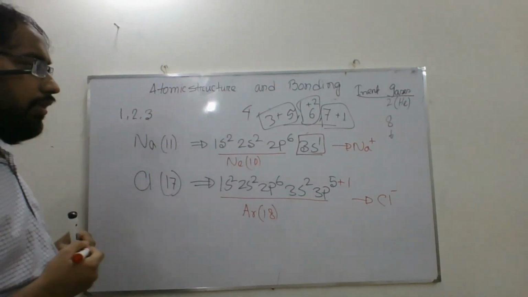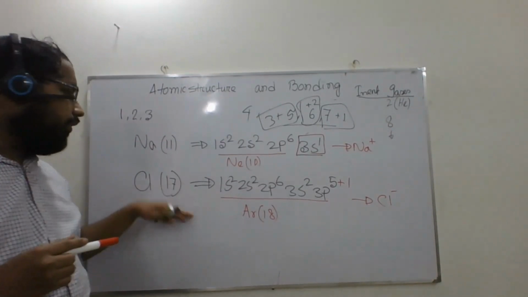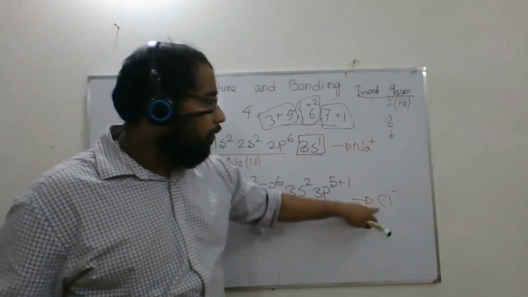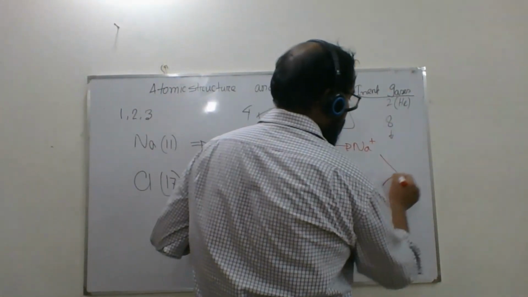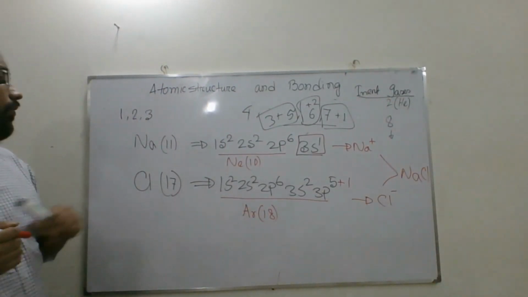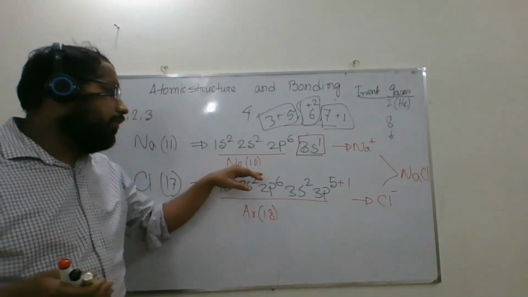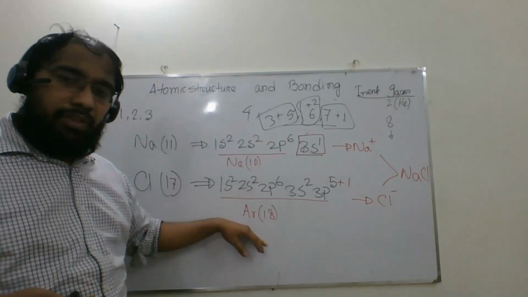So that means by bonding with each other as sodium chloride, sodium and chlorine attain the electronic configuration of neon and argon respectively.